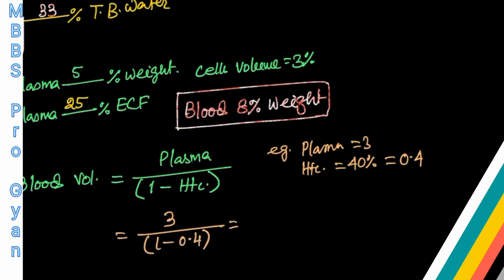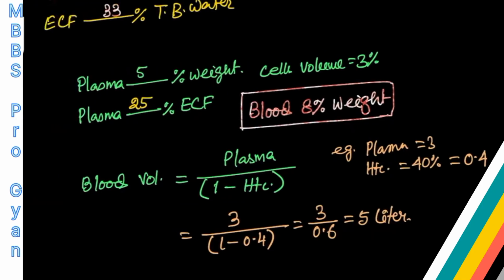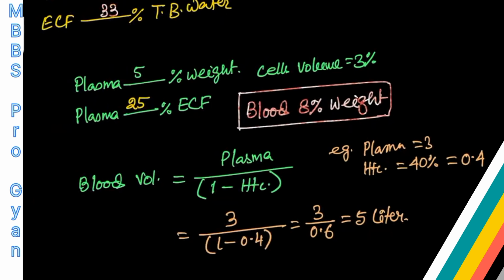So this will be 0.6, so 3 upon 0.6, so 5 liters is the blood volume of this person. Getting my point? So if the hematocrit is given, for an anemic or polycythemic person, and you have to calculate the blood volume, then you have to remember this formula: plasma volume upon 1 minus hematocrit is equal to the blood volume of this person, right?